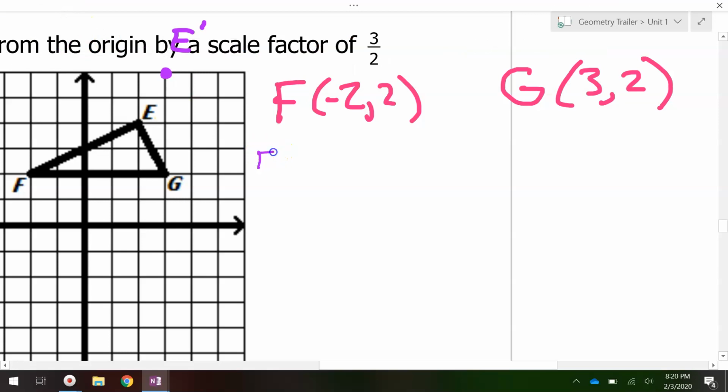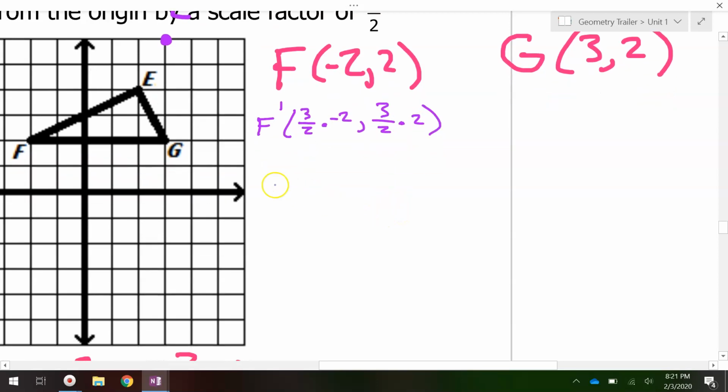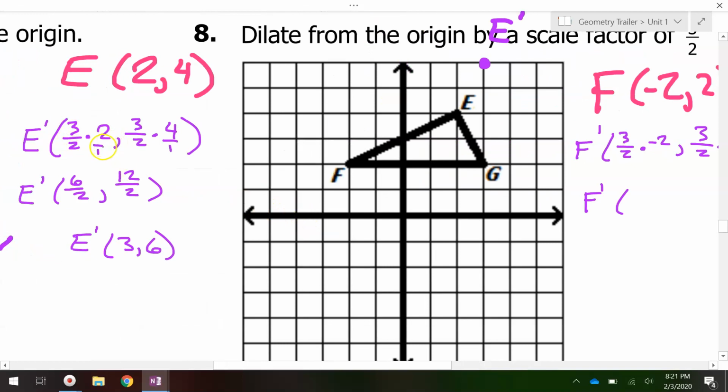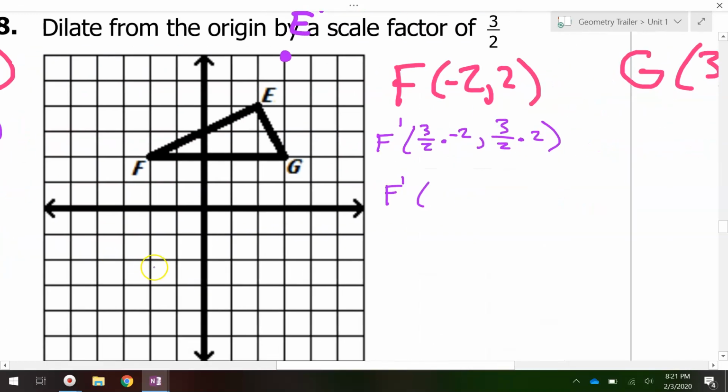All right, let's switch over to F. So F prime is going to be 3 over 2 times negative 2 and 3 over 2 times 2. Okay, so F prime. We already found that 3 over 2 times 2 turns out to be 3.